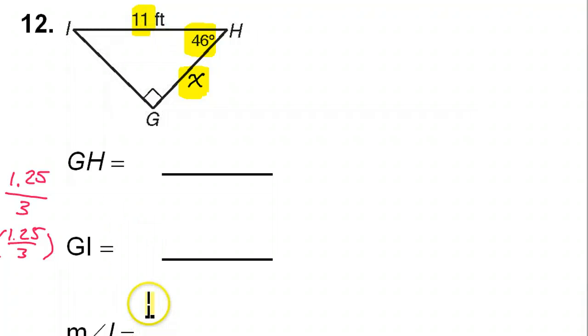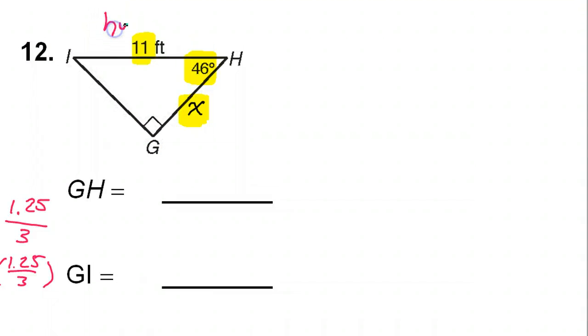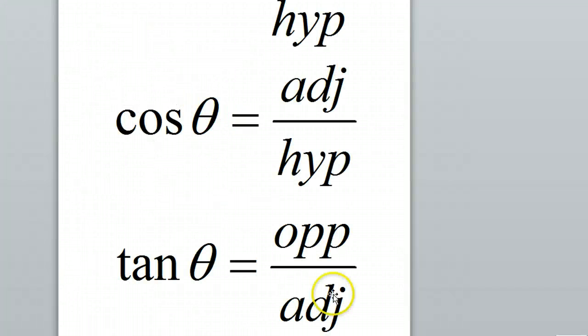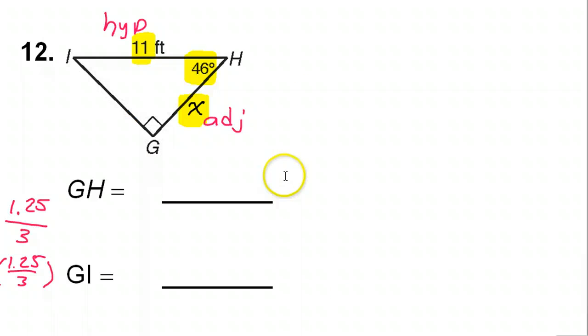The first thing you have to decide is which function that is. This 11 is clearly the hypotenuse. This x is clearly adjacent because it's right next to the 46. So I'm dealing with adjacent and hypotenuse. What is that? That is our good old cosine function, adjacent over hypotenuse.